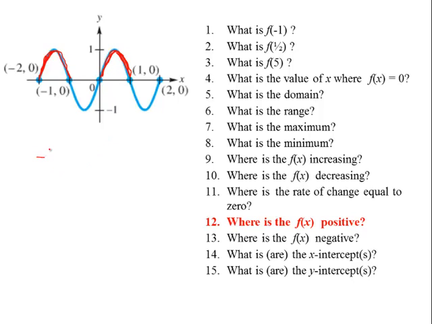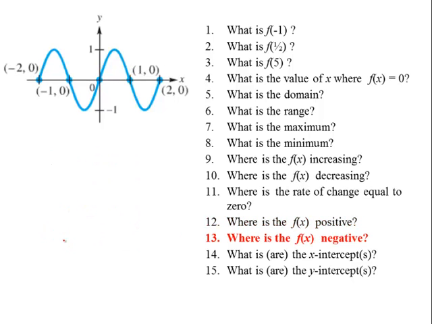So this is from -2 to -1. And we have from 0 to +1. Set notation, parentheses, -2, comma, -1, and from 0 to 1.